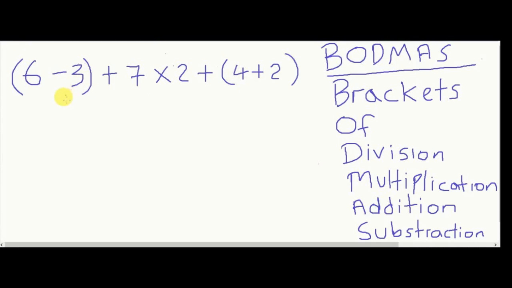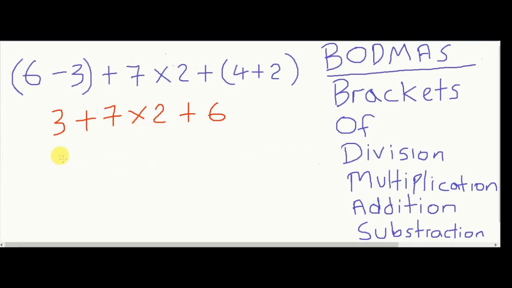So 3 from 6 is 3, plus 7 times 2 plus, 4 plus 2 is 6. So we have a plus sign here, a multiplication sign here, and a plus sign here. But according to the BODMAS rule, we have to multiply because multiplication comes before addition.